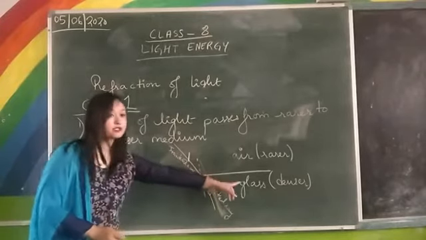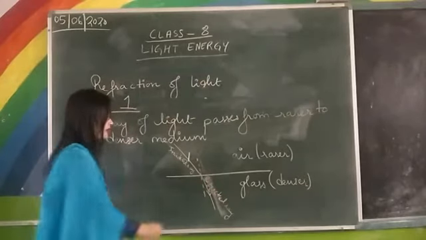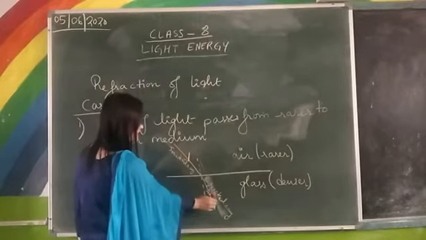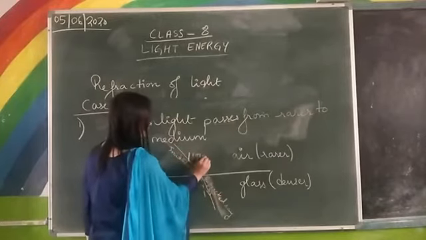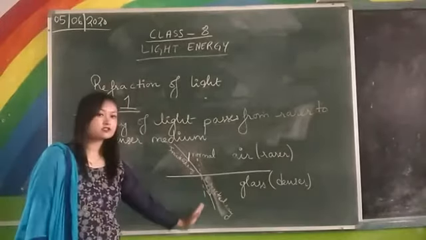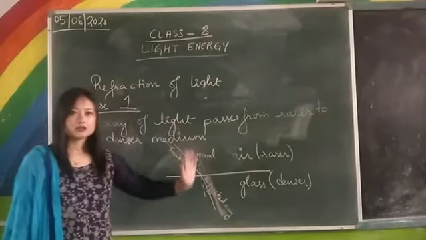The ray which is passing in the glass medium is your refracted ray. And the dotted line that I've drawn here is your normal. You know what normal is, isn't it? Normal is an imaginary line drawn perpendicular to the surface at the point where the incident ray strikes.